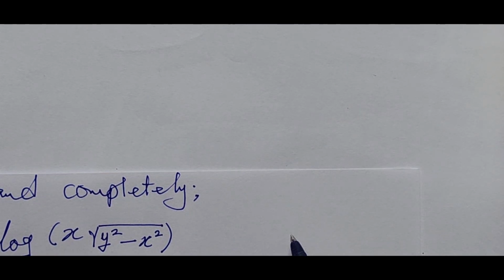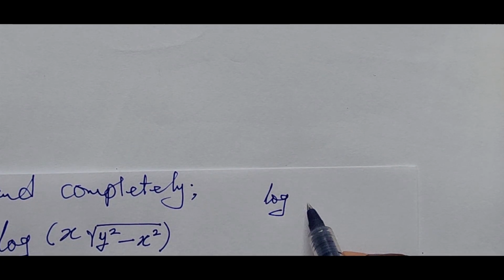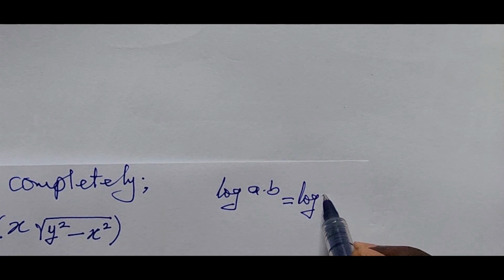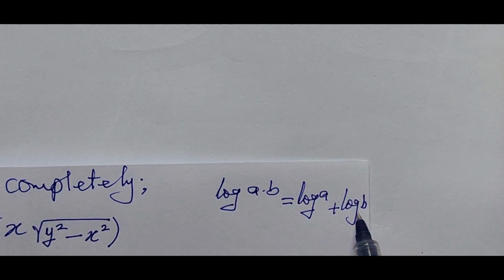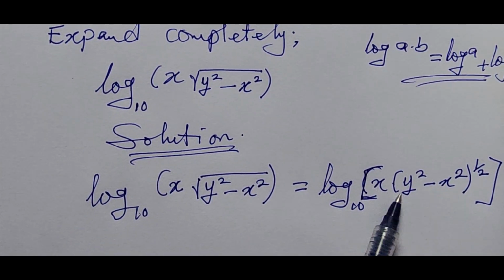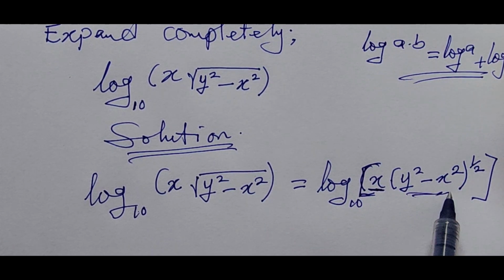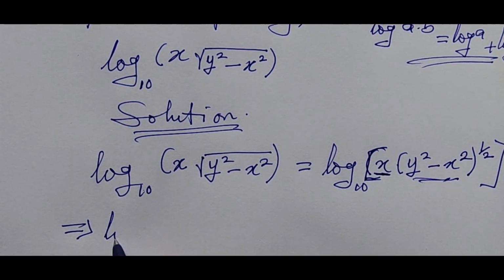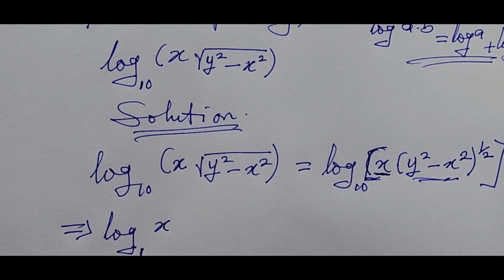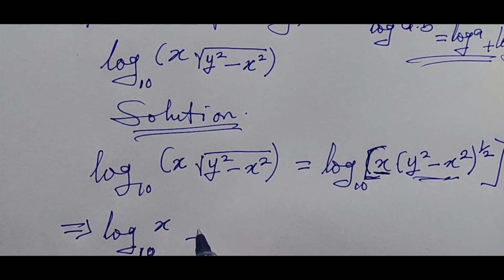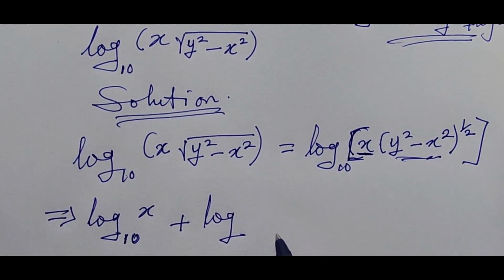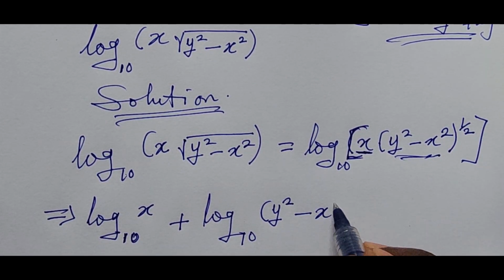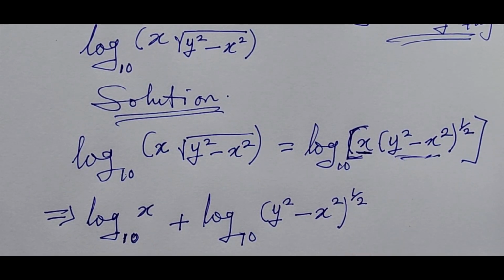It says that log of a times b is equal to log a plus log b. So rewriting this, it implies log x base 10 plus log base 10 of (y to the power of 2 minus x to the power of 2) all raised to the power of 1 over 2.